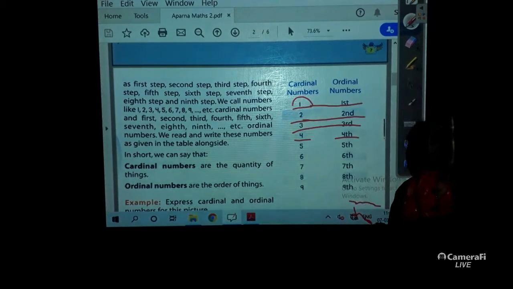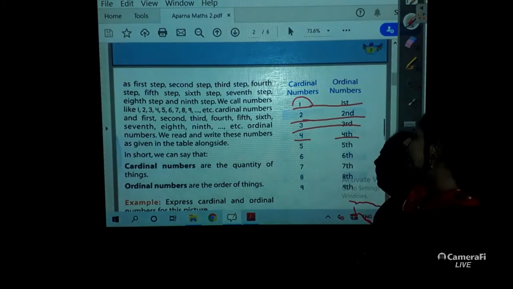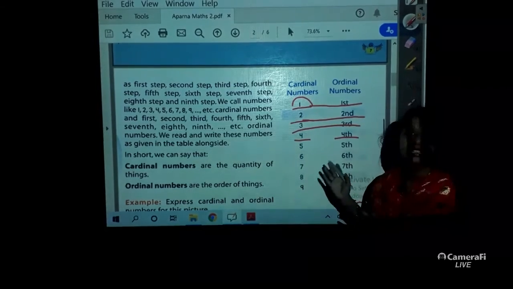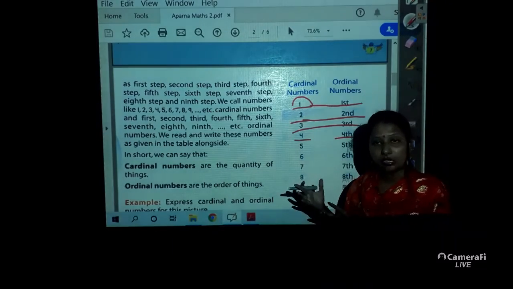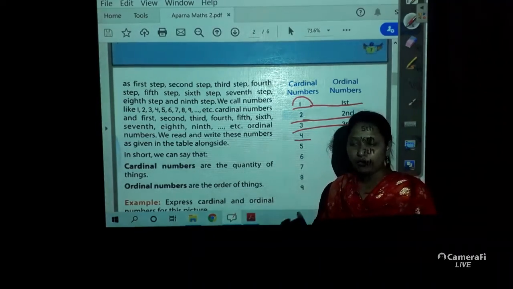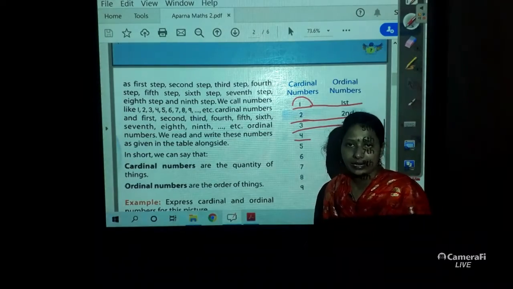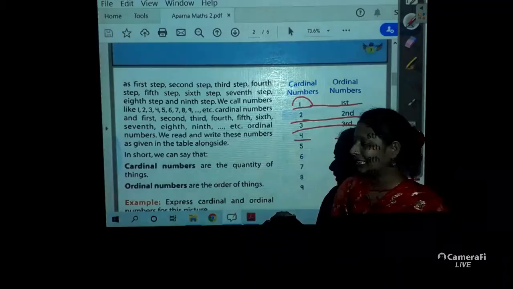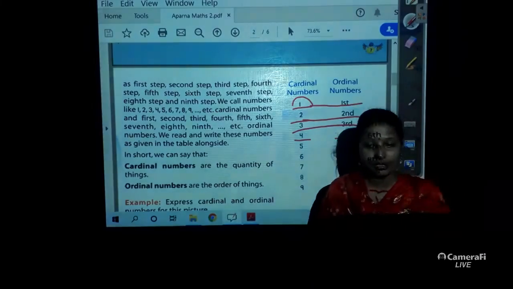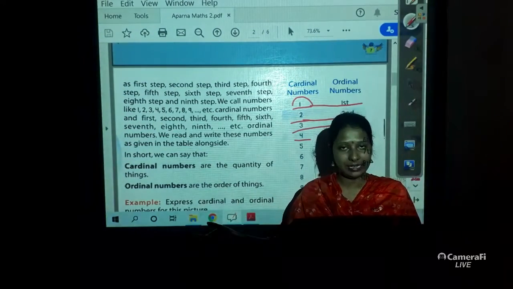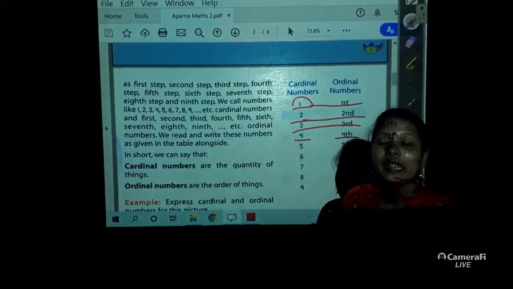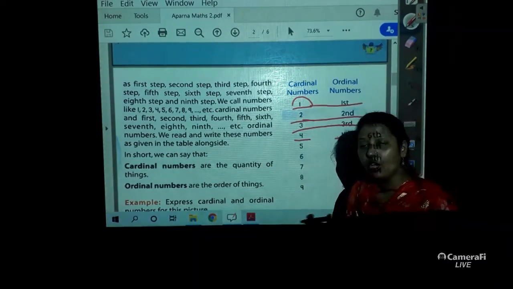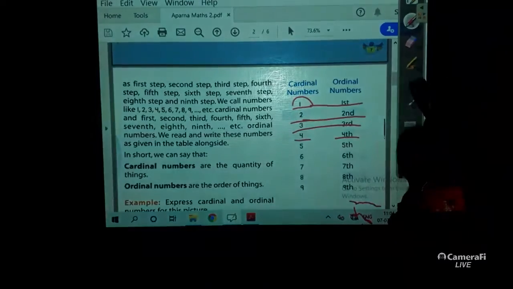So you need to learn this properly, how to write these numbers, and you need to learn the ordinal numbers along with their spellings. Like first, 1st, you have to learn F I R S T, S E C O N D, T H I R D. Like this you need to learn all the things, right?